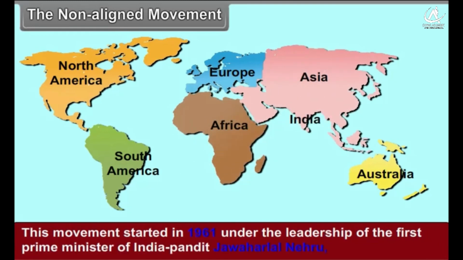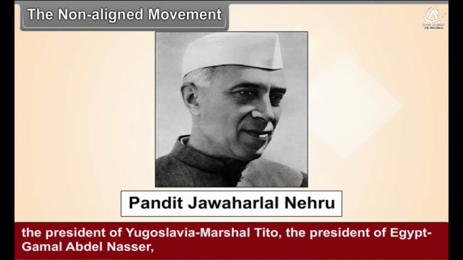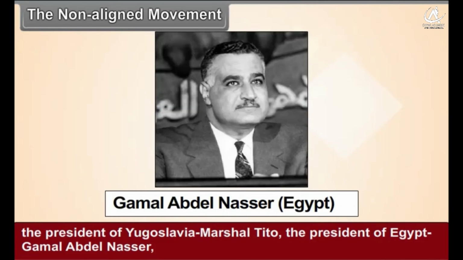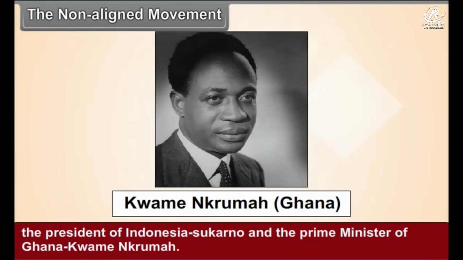This movement started in 1961 under the leadership of the first Prime Minister of India, Pandit Jawaharlal Nehru, the President of Yugoslavia, Marshal Tito, the President of Egypt, Gamal Abdel Nasser, the President of Indonesia, Sukarno, and the Prime Minister of Ghana, Kwame Nkrumah.